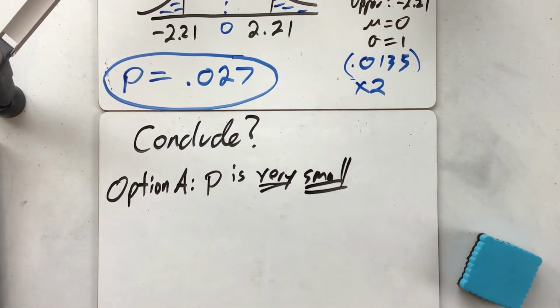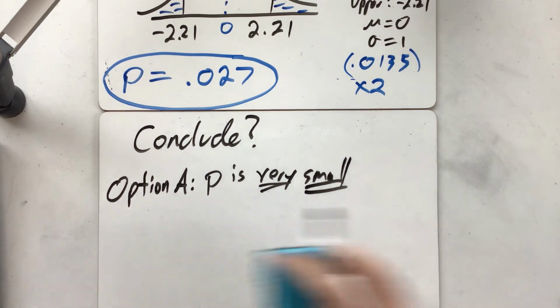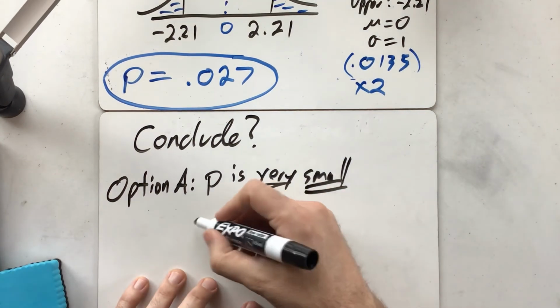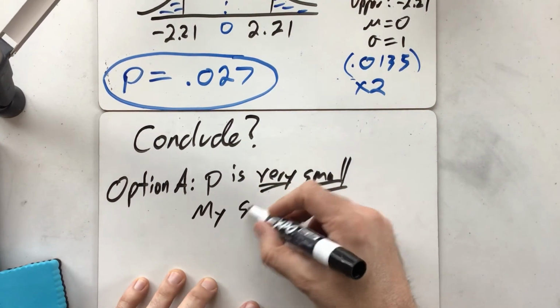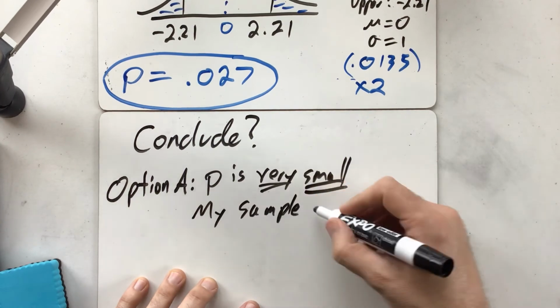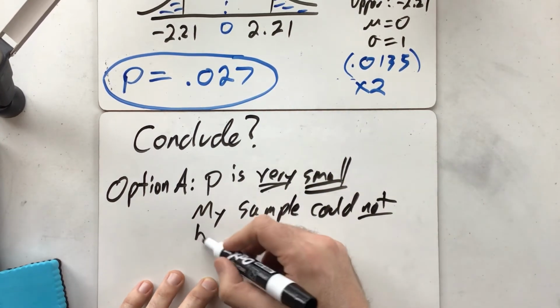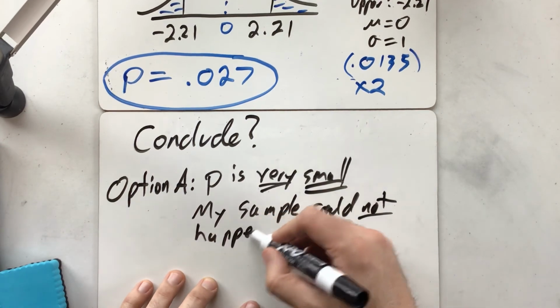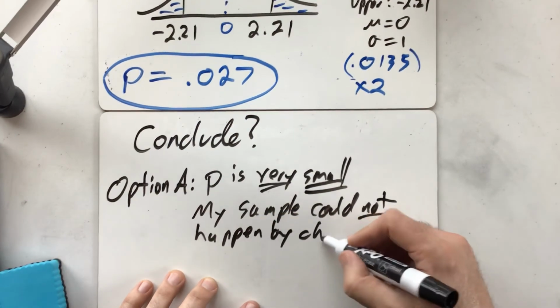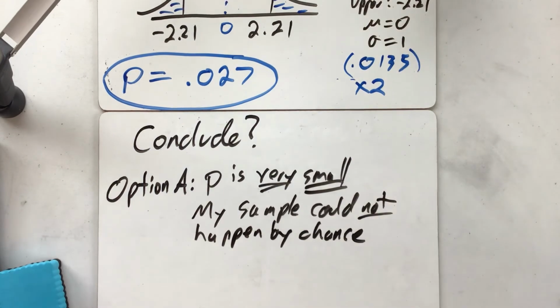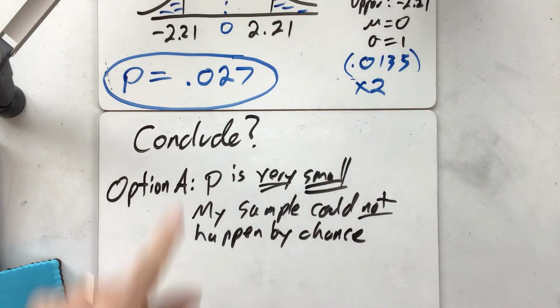So if I think P is really, really small, and that is, I think that P is so small that this couldn't have happened by coincidence, then what I say is my sample could not happen by chance. And so notice that the odds of my sample or something on either of these outside edges happening just by chance is 0.027.